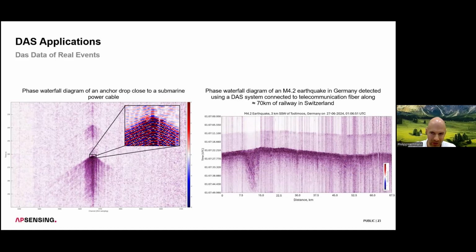The DAS system was installed in Switzerland, but the earthquake occurred in Germany and had a strength of 4.2, and still we could see it with this glass fiber, even though the glass fiber was not supposed to be used for geoscience but for train tracking. We still could see it in the data.